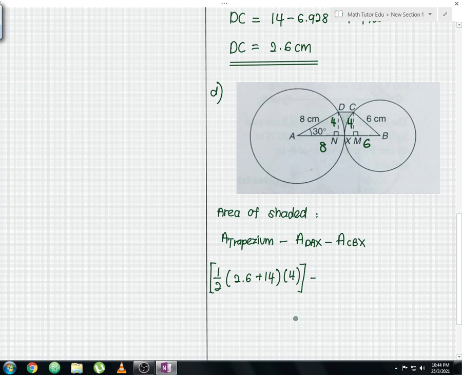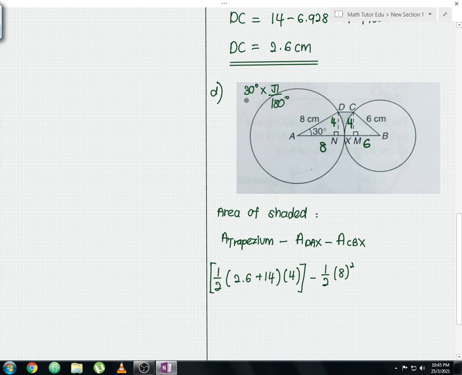And then the area of sector DAX. The formula to find the area of a sector of the circle is half r squared theta. Your radius is 8 centimeter, so half times the radius 8 squared. But you have a catch here: you have an angle in degrees, but the formula requires radians. So you need to convert this 30 degree into radian. 30 degree, you convert with pi over 180 degree.